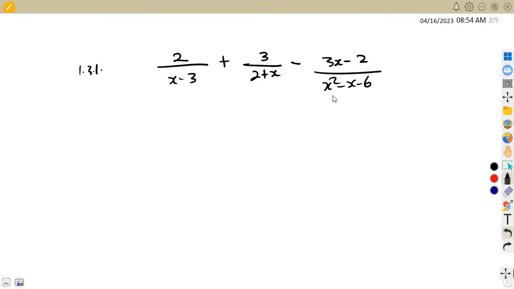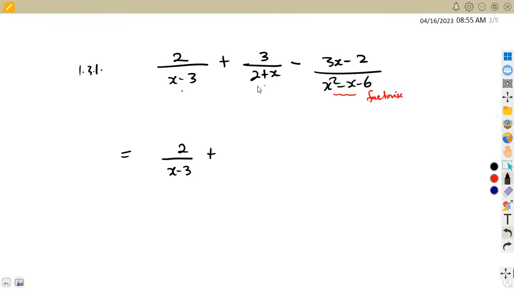Okay, so if you are to add or subtract whatever that you're given in this case, make sure that the denominators are in linear form, that is, they are being factorized. So in this case, the first part is okay, the second part is okay, but here we are supposed to factorize, and also rewrite our expressions in a normal way that we understand.